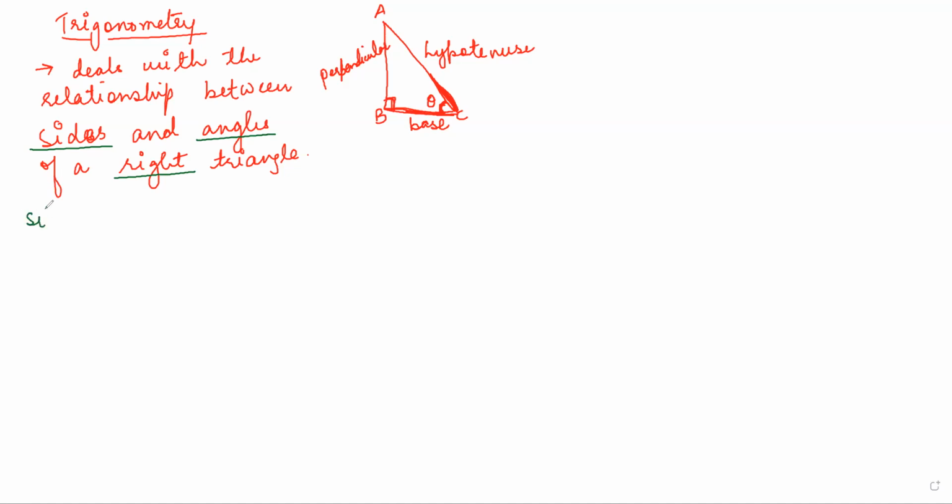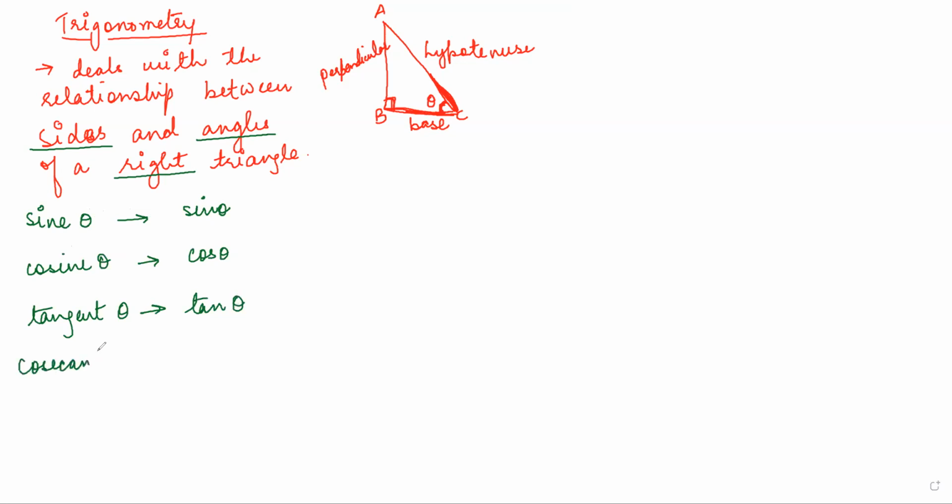The first ratio is called sine of angle theta. I'm talking about this angle theta. So sine of angle theta, and in short, we write it sin. Then we have cosine theta, written as cos theta. Then we have tangent theta, and in short, it is called tan theta.